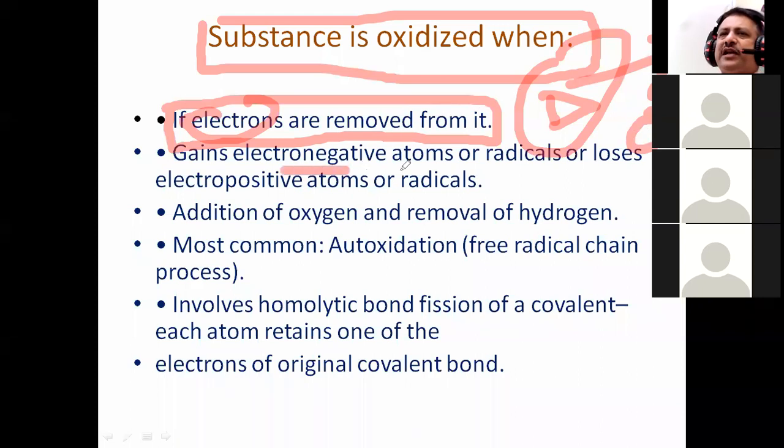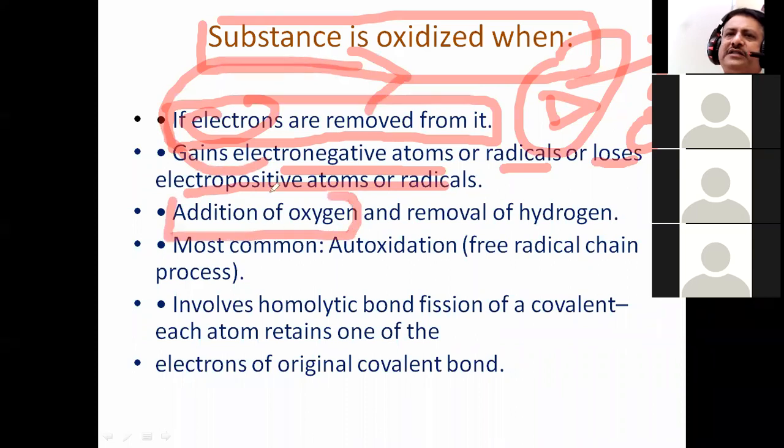Gain of electronegative atoms or radicals, or loss of electropositive atoms or radicals, will also lead to the oxidation process. Then addition of oxygen and the removal of hydrogen, what is it called as?